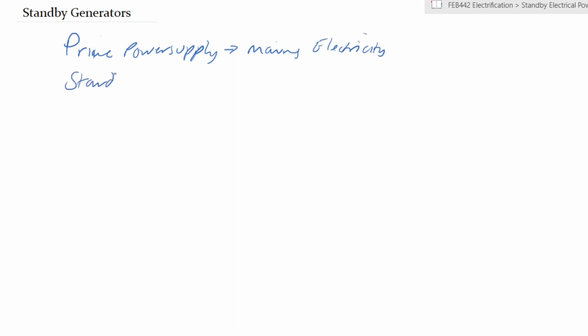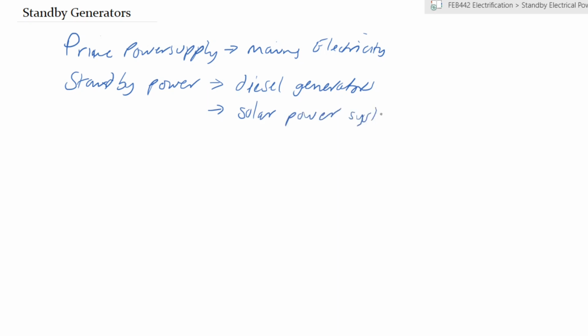Standby power can take the form of diesel generators, and increasingly nowadays it can also take the form of solar power systems, also known as photovoltaic.